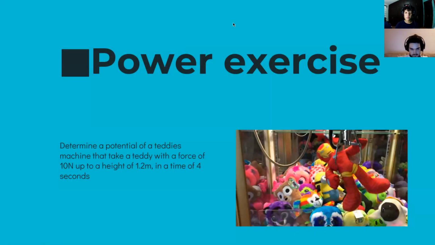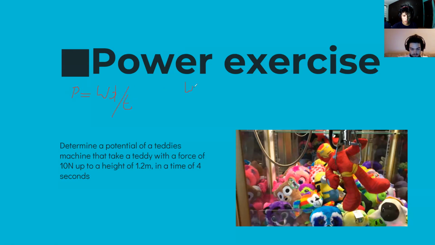And now I'm going to explain the power exercise. The exercise says, determine the power of a teddy machine that takes a teddy with a force of 10 newtons up to a height of 1.2 meters in a time of 4 seconds. Well, in this case, we are going to use the first formula, that is power is equal to work per distance split time.